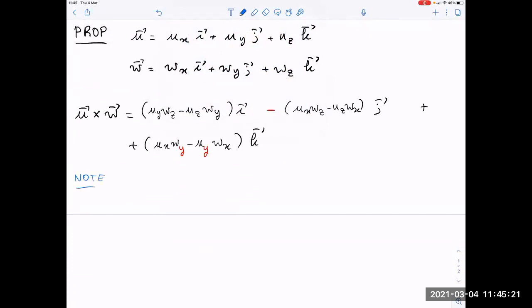What you do is writing down a table in which you use Ux, Uy, and Uz, and then Wx, Wy, Wz as rows. That's what we learn to call a matrix. Then when you want to look at, for example, the i component, you forget about the first column. And what is left, you treat in this way.